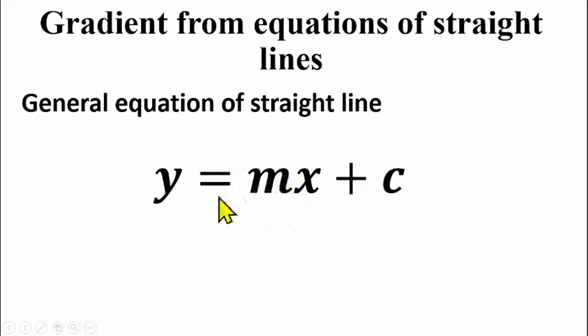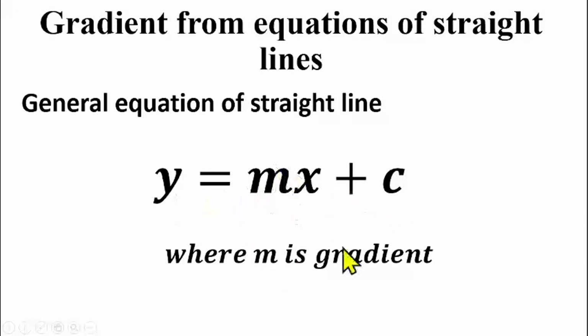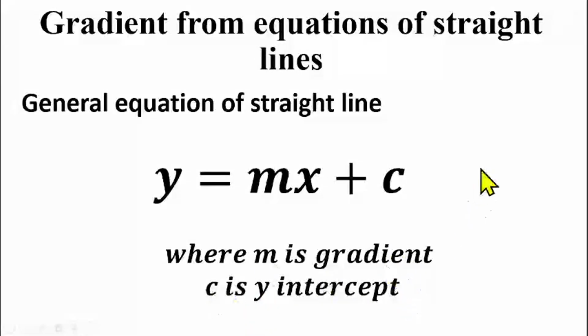So this is the template, or the general equation of a linear equation. This is telling us that m is the gradient and c is the y-intercept. So if I'm given a linear equation to find the gradient from it, all I need to do is to make sure that the equation given to me is expressed like this. Then when it is expressed like this, the coefficient of x will be my gradient in that case.